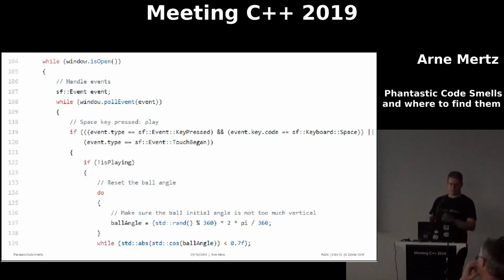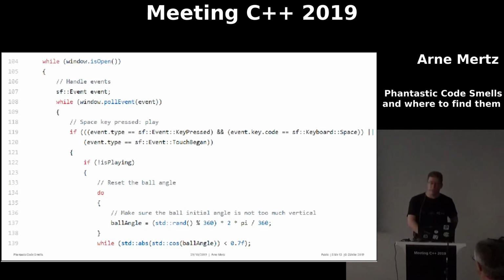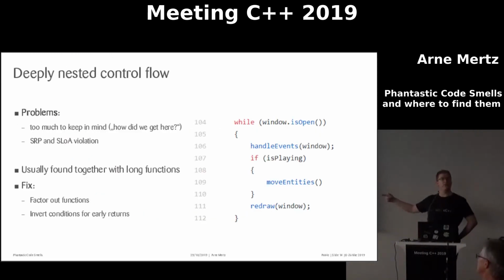Again, deep nesting means we usually have a violation of single responsibility. This is way too detailed for one game loop. So again, single level of abstraction is violated. And we are very limited.